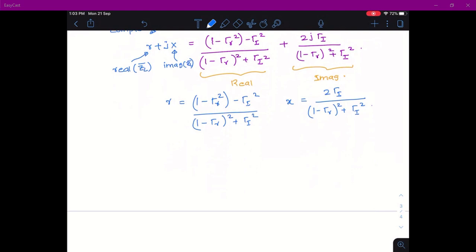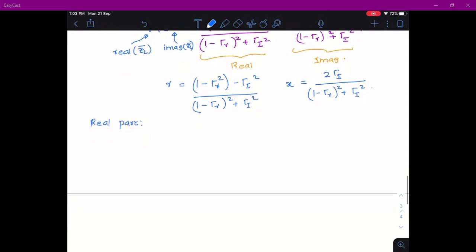Now let's look at only the real part. Okay, so what we are going to do? We are going to look at the real part. r = (1 − τr² − τI²) / ((1 − τr)² + τI²).